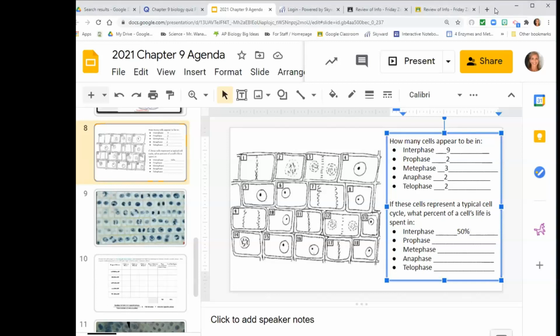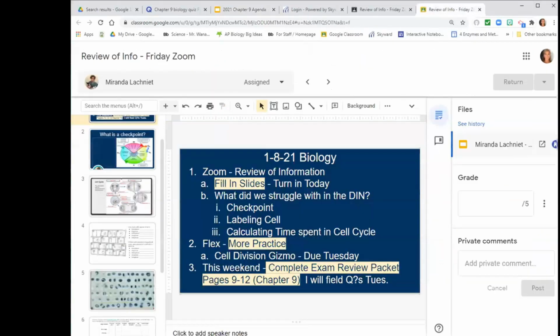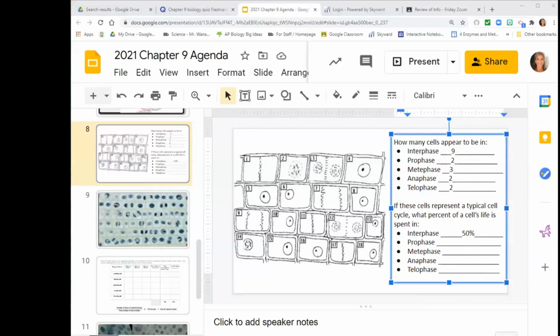Take a moment to calculate prophase through telophase. So we're all filling this in together.